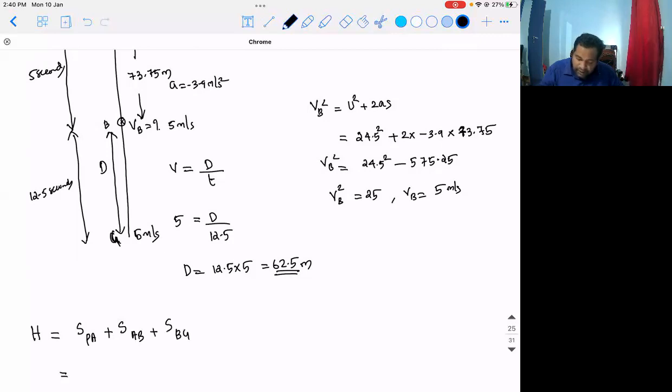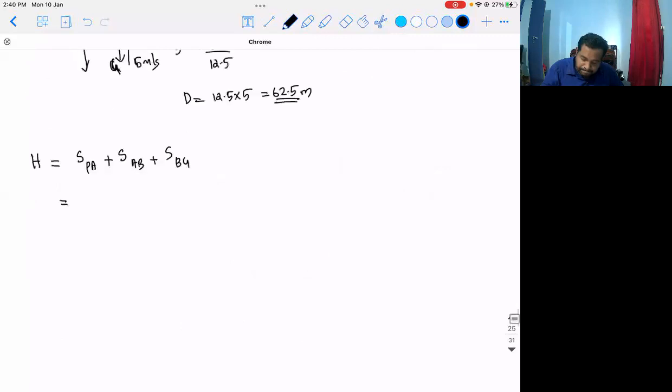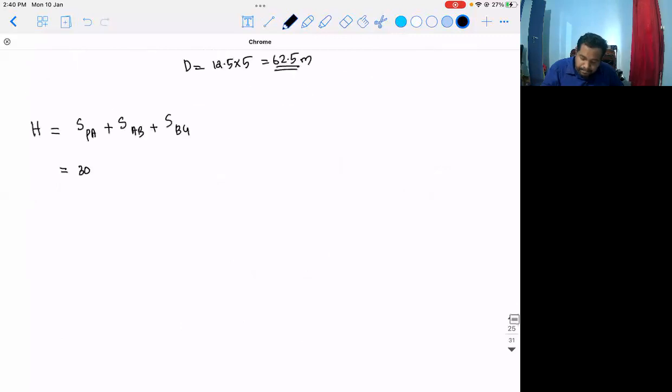SPA we got as 30.59, this is 73.75, and this is 62.5. So you add all of them: 30.59, 73.75, 62.5. You will get 166.84.